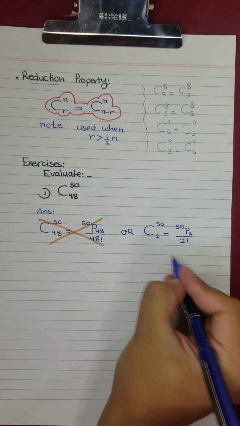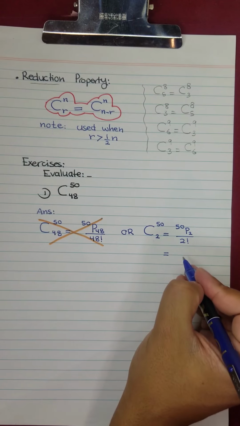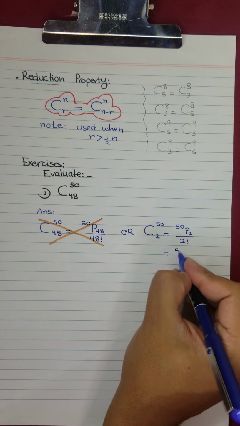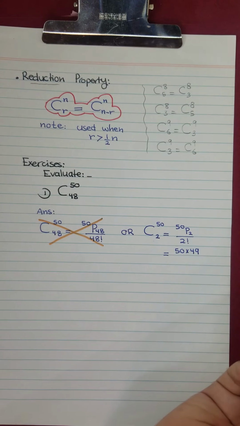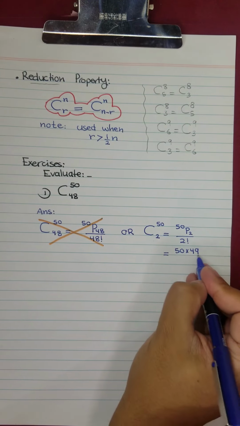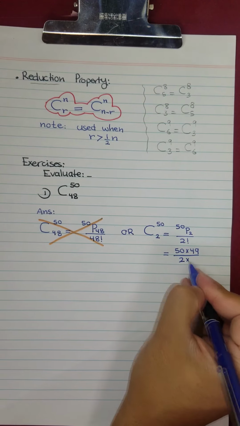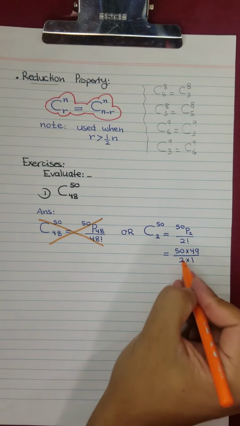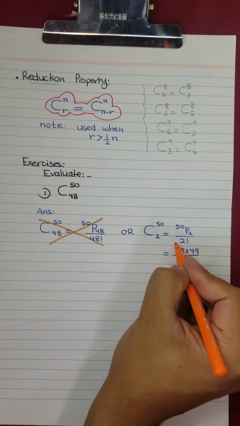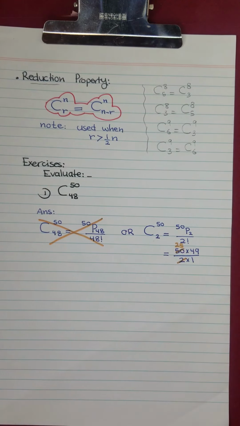Now 50 permutation 2 means two factors only, which are 50 times 49, 2 factors or 2 actions, divided by 2 factorial, which is 2 times 1. And now we cancel whatever is possible. We can cancel the 2 with the 50. Yes, we will get 25. So we have 25 times 49.